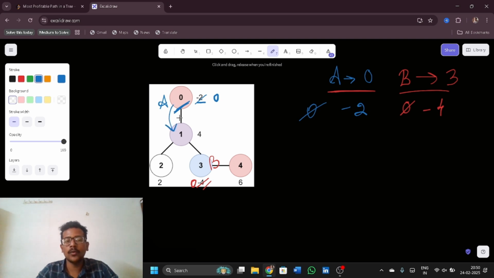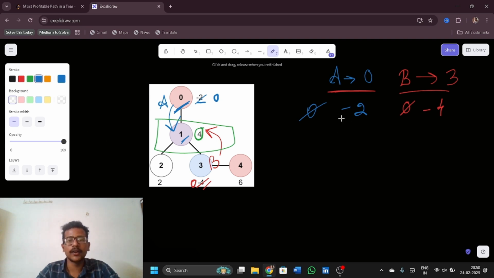Alice have only one node which is adjacent to the root node 0, which is 1. Now the value at 1 is 4, but before that Bob is also moving simultaneously at here, right? Now they both met at the same point and now it is the node 1. The value at node 1 is 4.